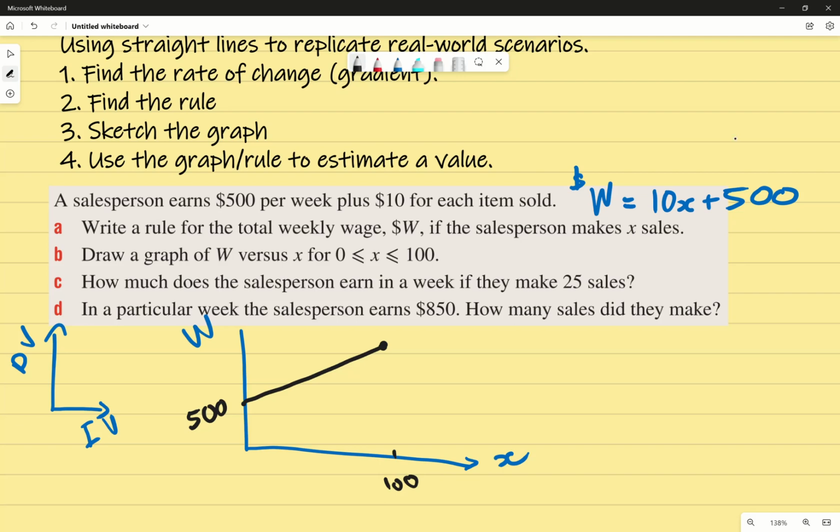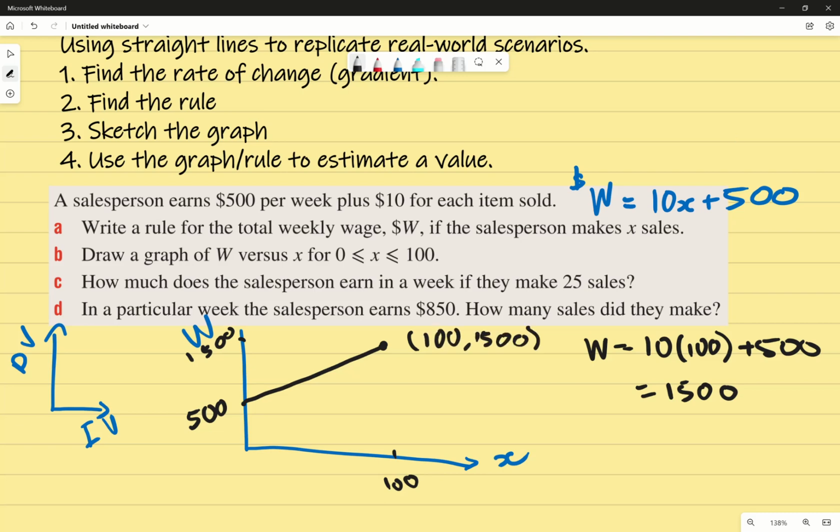So W equals 10 times 100 plus 500, which gives us an answer of 1,500. So that one I would just label. It's okay for you to write this as well. But I would also just label the point 100, 1,500. So now our graph actually shows going from 0 to 100.